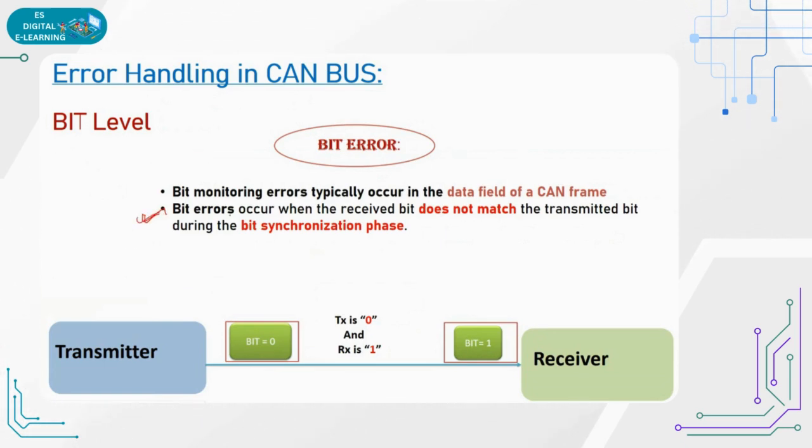Bit error occurs when received bit doesn't match the transmitted bit during the bit synchronization phase, then we will get the bit error.